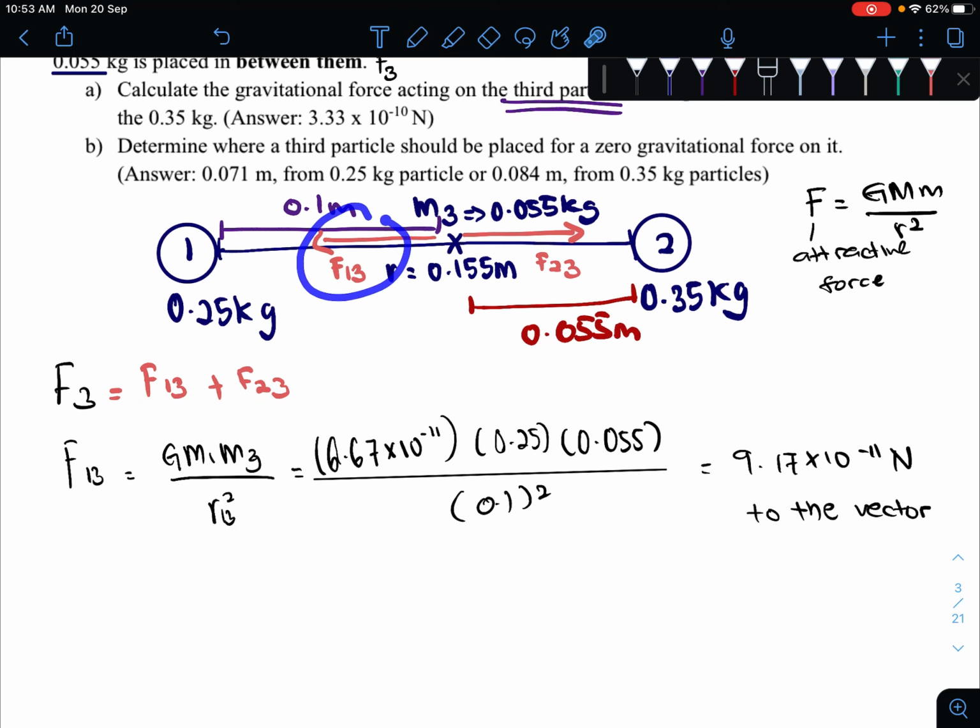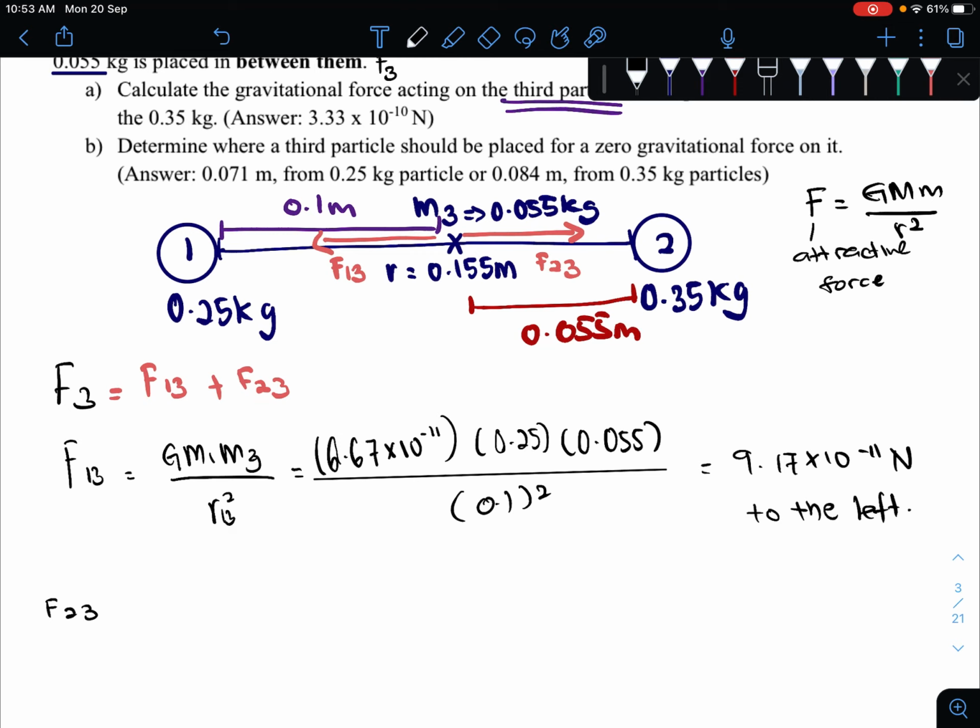Direction dia kita dah tentukan tadi. Sebab kita cakap attractive force, maka dia akan bergerak ke arah kawan di sekeliling dia itu. So, bila kita cakap antara M1 dan juga M3, so M3 akan tertarik ke arah M1. Di mana M1 duduk di kiri, maka dia akan bergerak ke kiri. Okay, kenapa saya tulis to the vector? Saya pun tak faham. To the left sebenarnya.